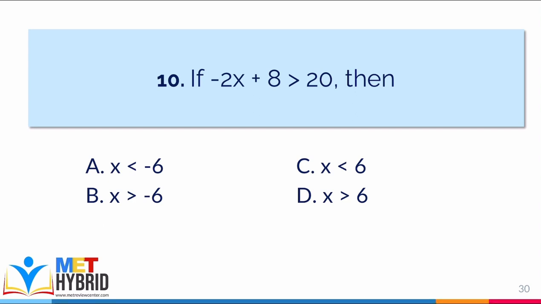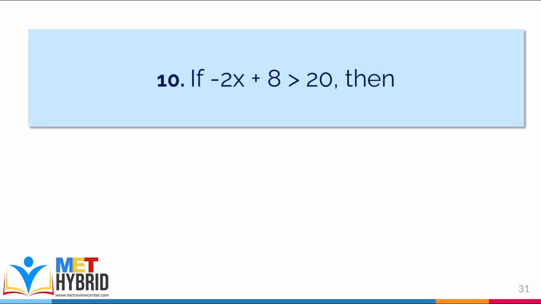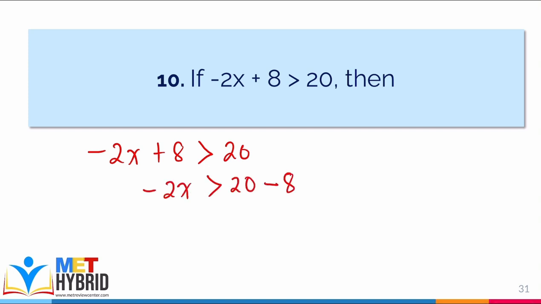Question number 10. If negative 2x plus 8 is greater than 20, then we solve this by isolating x. So we have negative 2x plus 8 is greater than 20. We transpose 8 to the other side. We have negative 2x is greater than 20 minus 8, which results to 12.